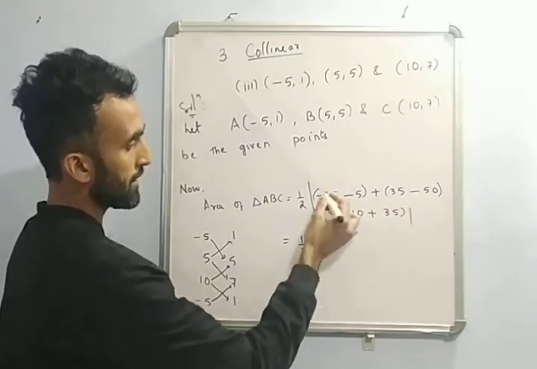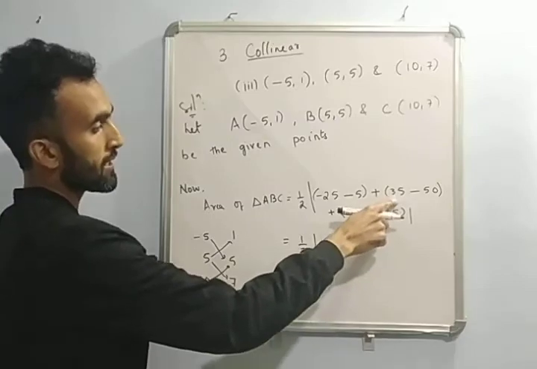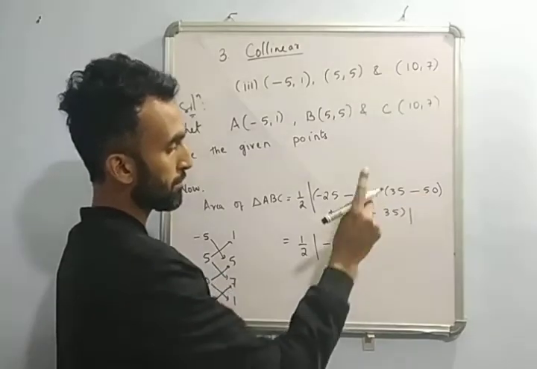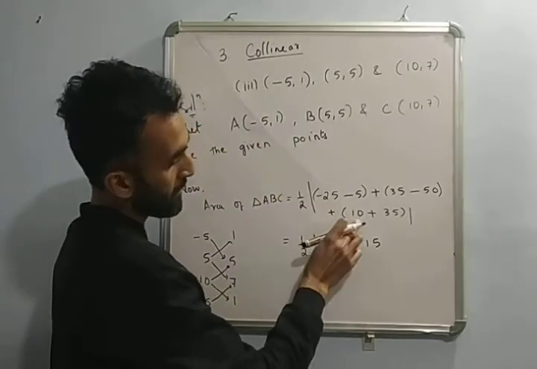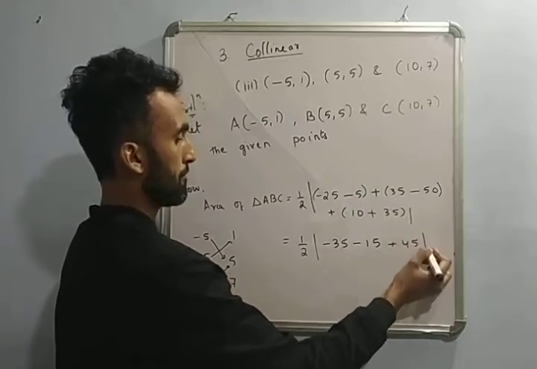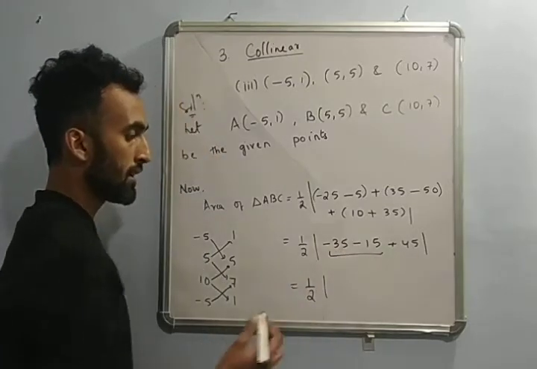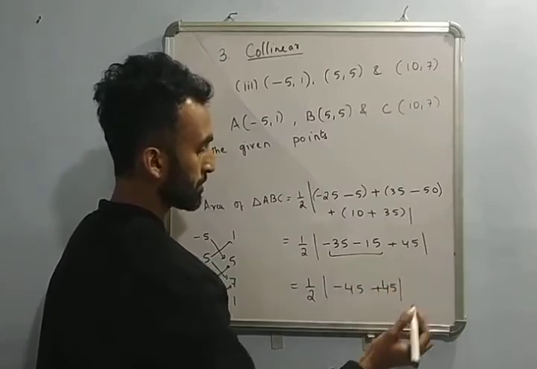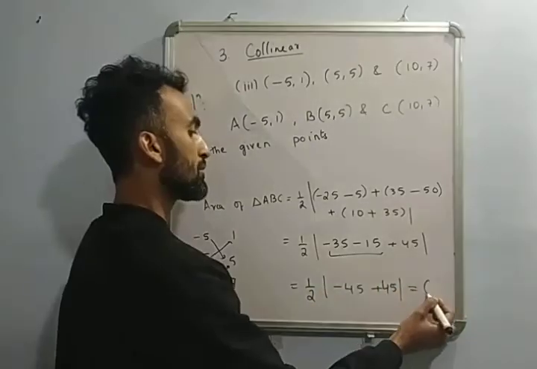Half here, minus 25 minus 5 is minus 35. And here 35 minus 50 is minus 15. Minus 15 into plus is minus 15 only. And here 10 plus 35 is 45, plus 45. And minus 35 plus minus 15 is minus 45, and plus 45 is already there. Minus 45 plus 45 is 0. 0 into half ultimately comes to 0.